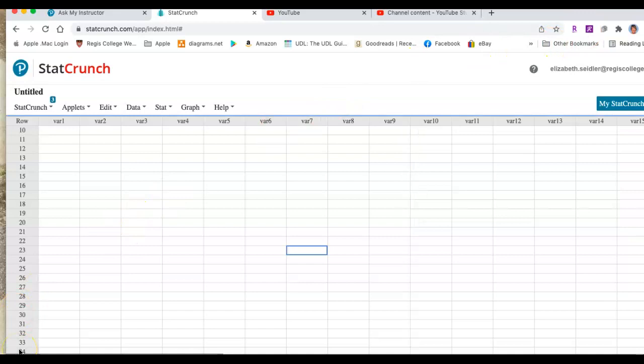Another hypothesis test using the standard normal with summary data. In this example, we have some data about nor'easter storms hitting New England and the damage that's caused by the ocean.